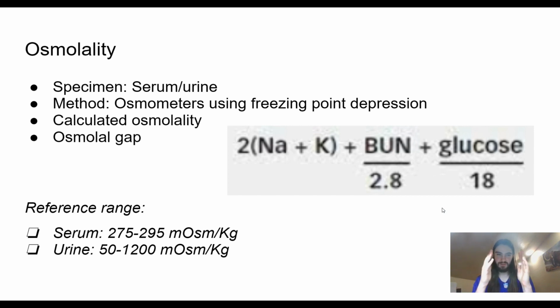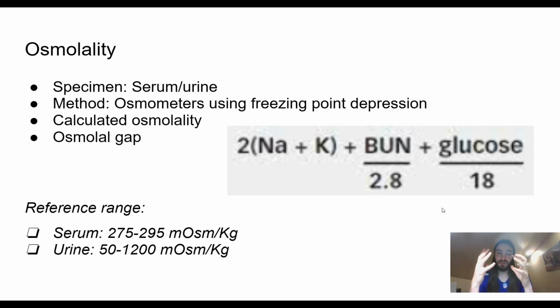So in terms of blood and urine, if there are more electrolytes, more particles, if it's more concentrated, that freezing point will be lower. That difference in the freezing point can be measured and correlated with the amount of solute, the amount of particles and electrolytes in serum and urine, and it's proportional to that amount.